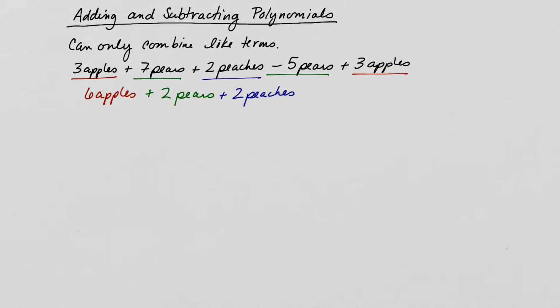When we talk about it in terms of words, usually people don't get too confused because they think, that makes sense to me, I would never combine apples and pears and peaches. They're all different. It's the same thing with a polynomial. So if I had something like 3x squared plus 7x plus 2 minus 5x plus 3x squared, then the x squared part in this term and this term is like my apples.